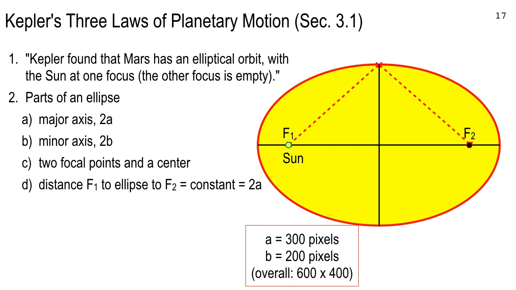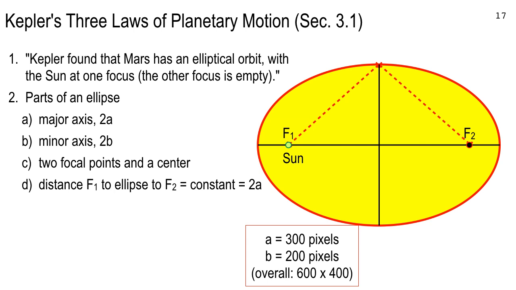And if you remember that animated thing, when you run the pencil around the ellipse between the two thumbtacks or the two fingertips of your friend, it applies to any point on the ellipse. I chose this one up at the very top, but you could do the same thing.